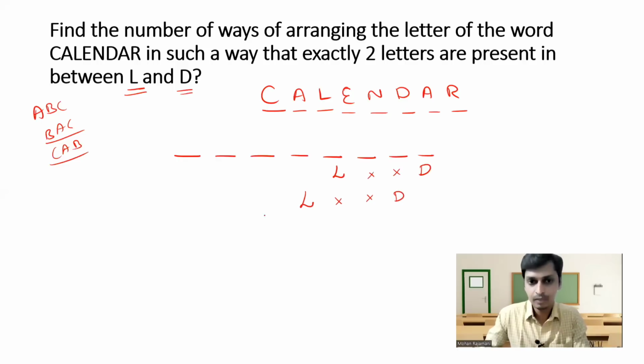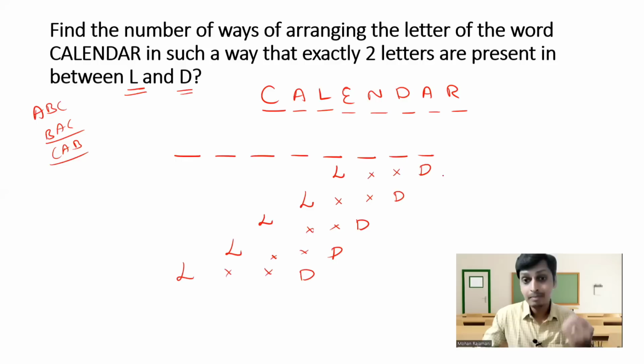Likewise, you can place L and D in the other positions. So totally, how many possibilities are there? It is 1, 2, 3, 4, 5. So you have 5 combinations where you can place L and D. So first I write that 5.